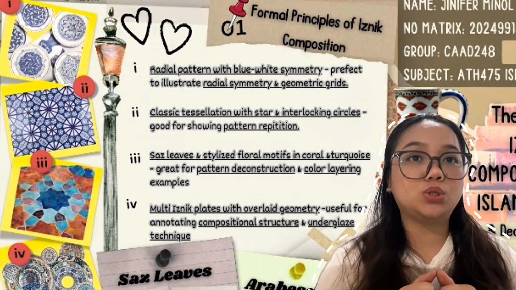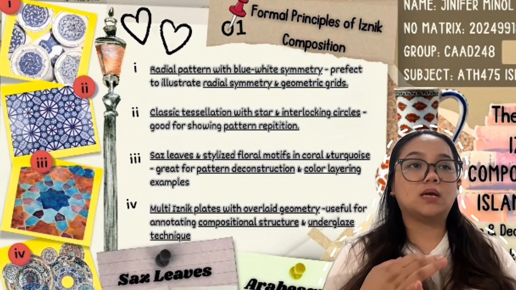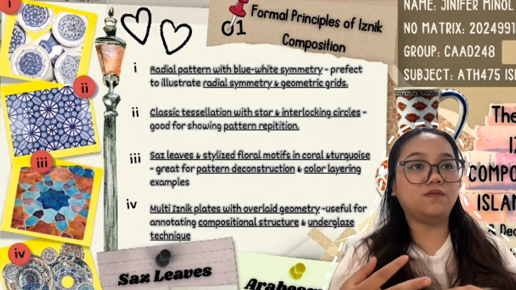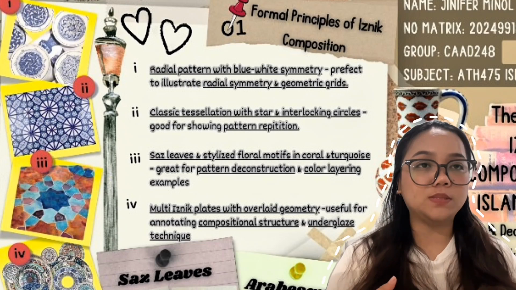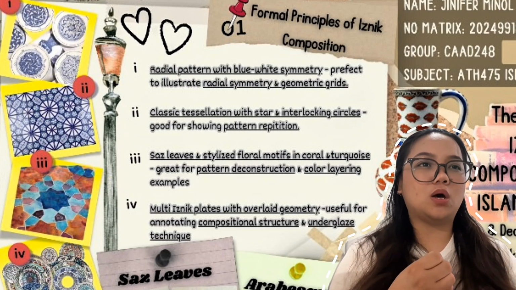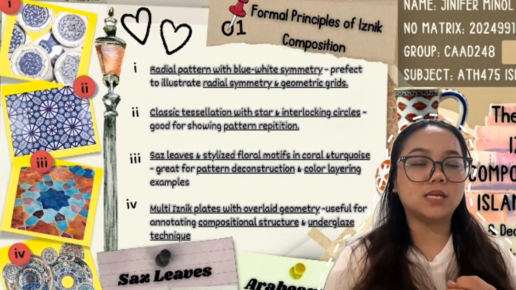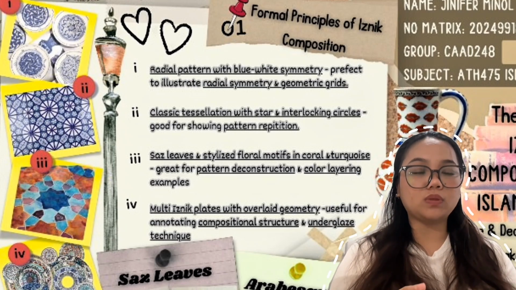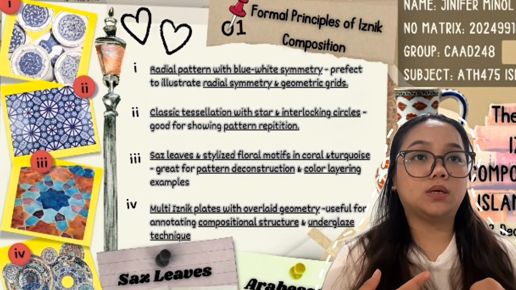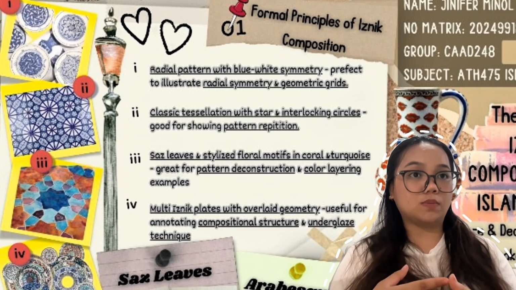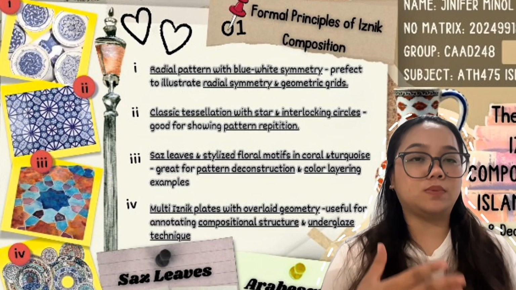The section also shows how repeating floral motifs such as tulip, carnation, and saz leaf are structured within geometric grids or frames. This controlled arrangement allows for a continuous flow of design across tiles and surfaces. Altogether, these formal principles form the foundation of Islamic composition, balancing artistic creativity with geometric discipline.